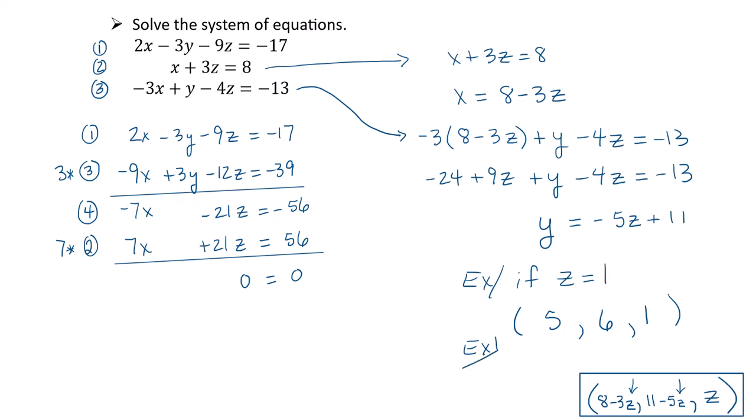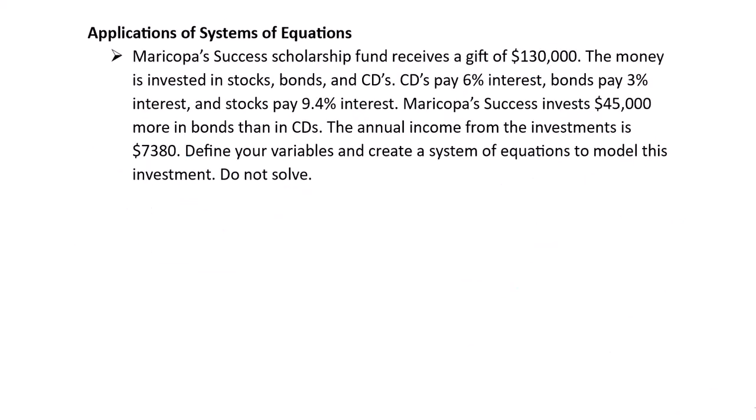Another example, let's say if z equals 0, then this would be 8, 11, 0, and so on. You could let z equal 2, and then x and y would both depend on z being 2. We haven't even touched the negative numbers, decimals, irrational numbers, all kinds of possibilities here. Infinitely many solutions, but they're of this form in terms of z.